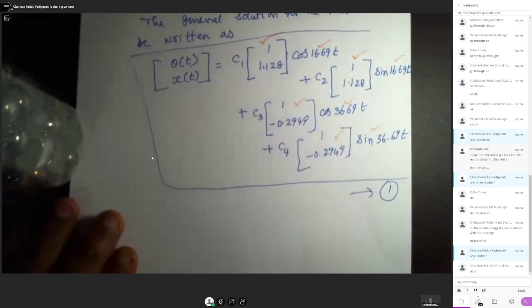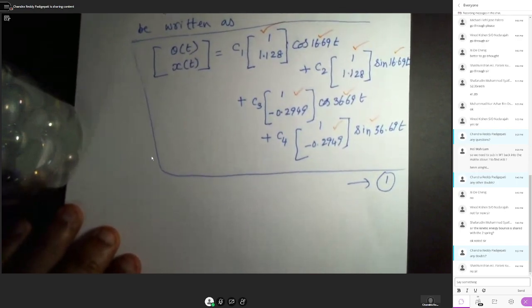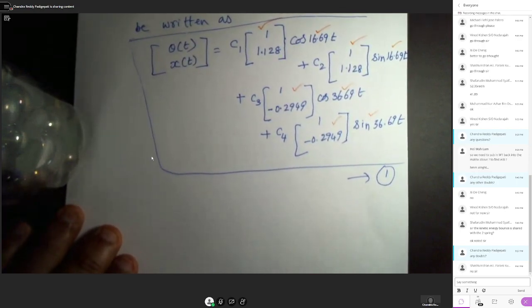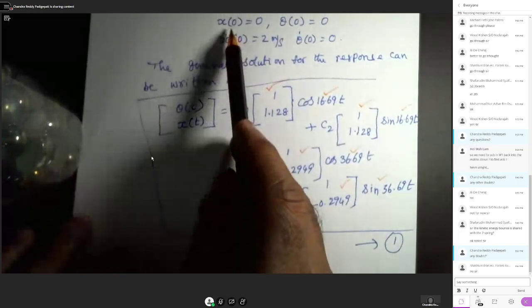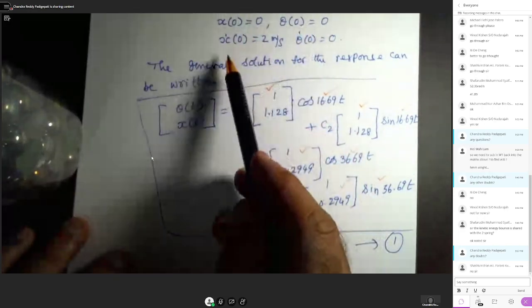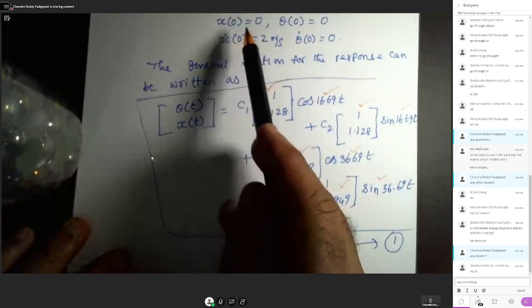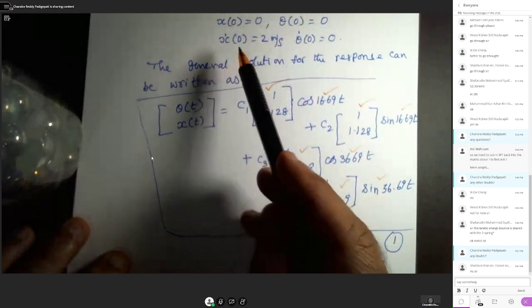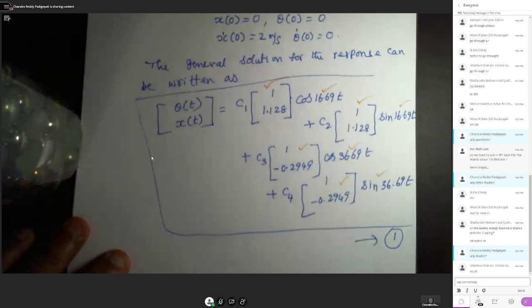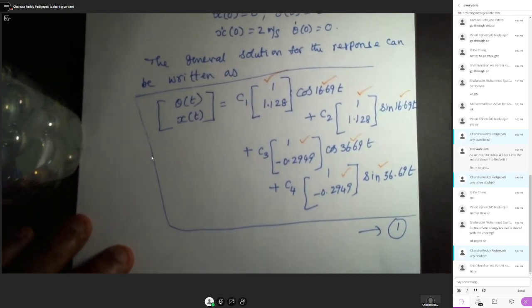So you have 4 constants here, and now we need to find out these 4 constants. To solve this equation, we know the initial conditions: when time t is 0, what is the displacement, angular displacement, linear velocity, angular velocity. So first you can apply the initial conditions.